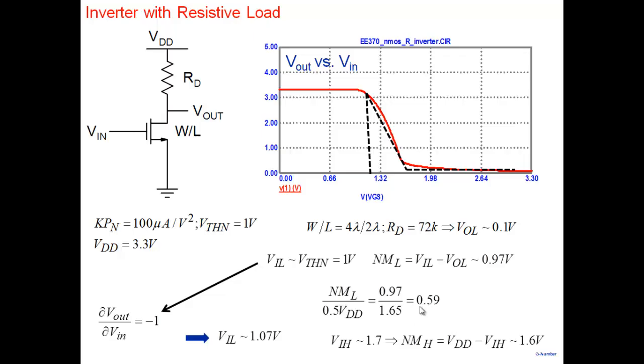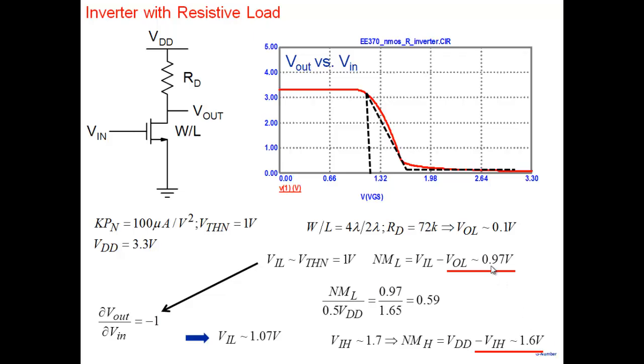Now, why is NMH higher as compared to NML? Note that this is 0.97 and this is 1.6. Is that a good thing to have? What did we say? If both the logic levels are equally susceptible to noise, you should try to balance both of them, right? So what we should try and do is, this is 1 volt, this is 1.6 volt.